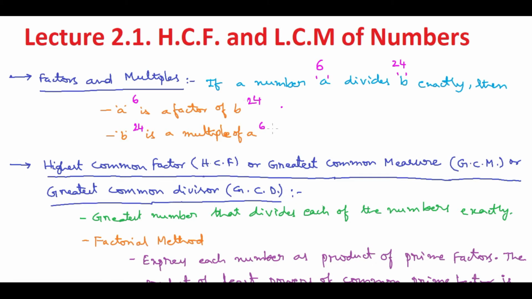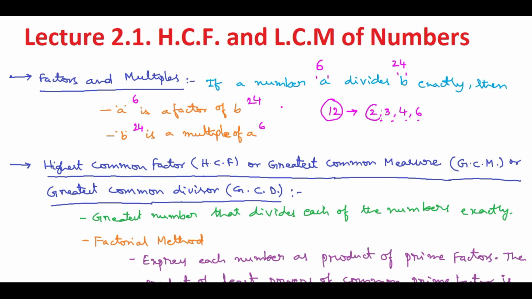Let me go ahead with one more example. If 12 is there, and 12 can be divisible by 2, 3 and 4 and also by 6, then this 12 is called a multiple of these 4. It is a multiple of 3, a multiple of 4, a multiple of 6 and a multiple of 2 also.